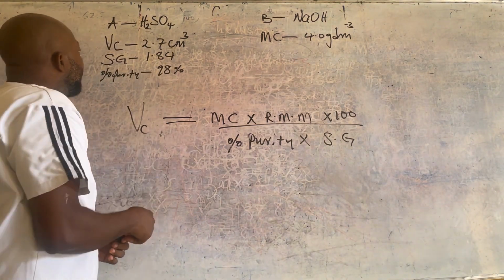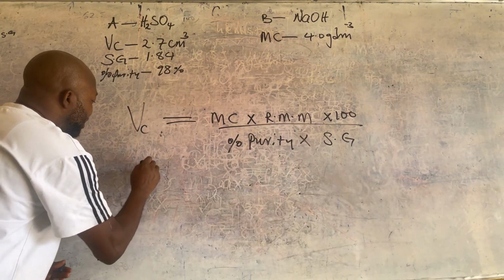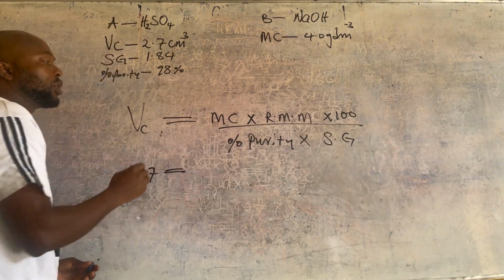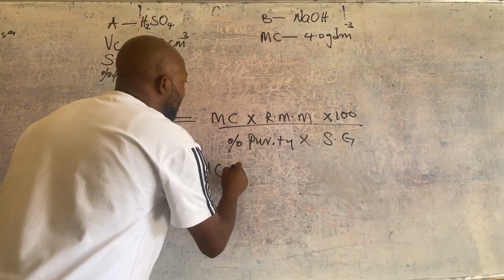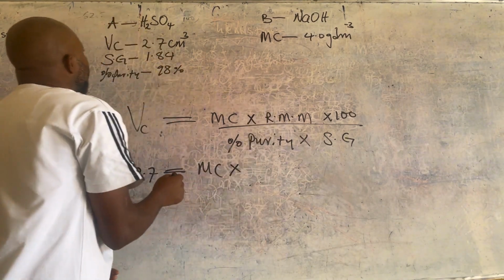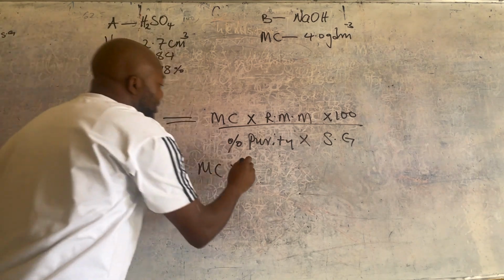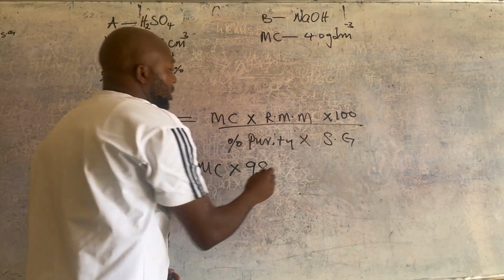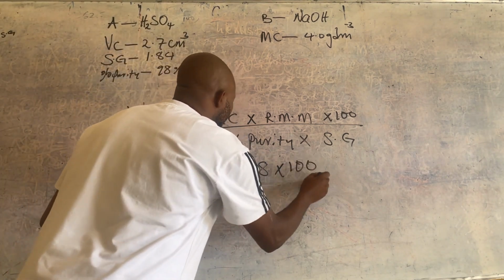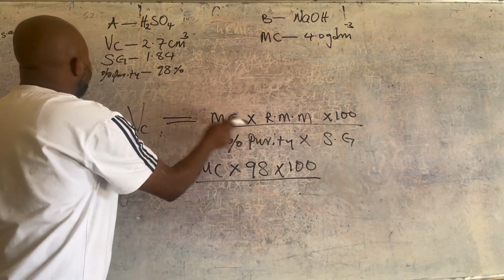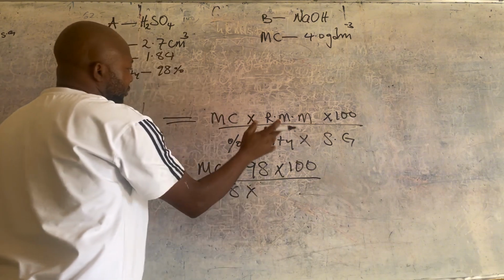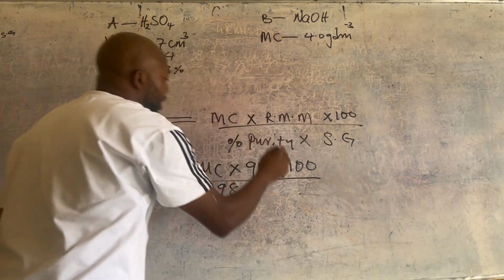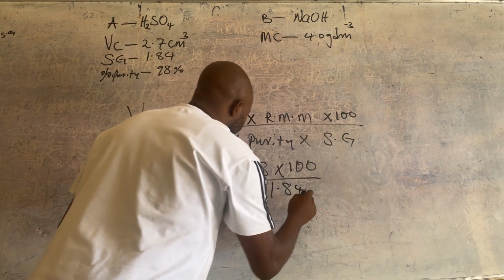They have given us the volume concentration to be 2.7. This is equal to the molar concentration, which I don't know, I'm about to find out, times the relative molecular mass of H2SO4, which is 98, times 100, all over the percentage purity, which is also 98, times the specific gravity, which is 1.84.